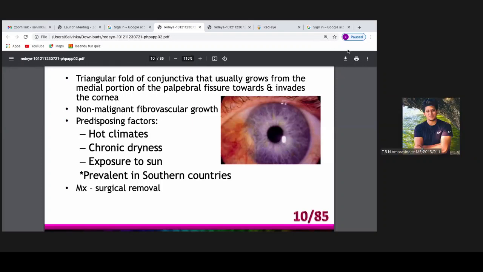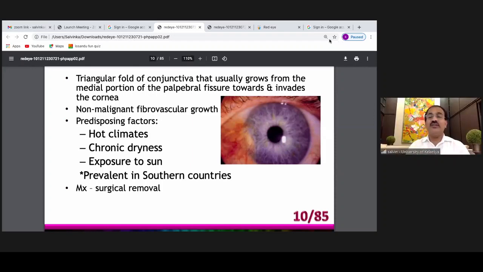Right? So the response is swelling. The blood vessels enlarge, then you can see the redness. Okay. Now the redness appears on the conjunctiva.